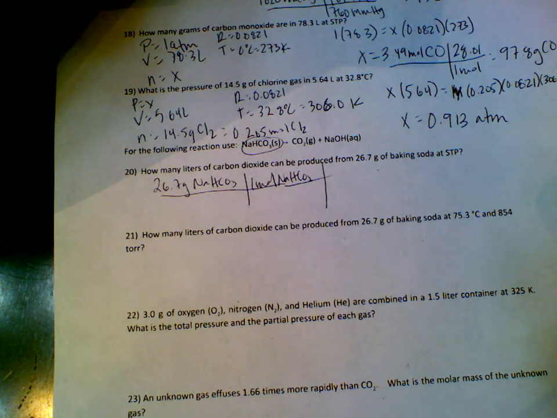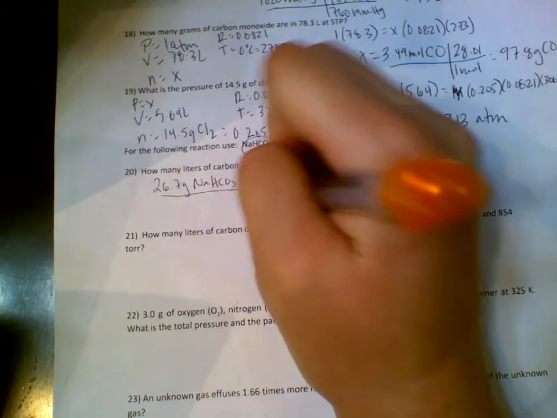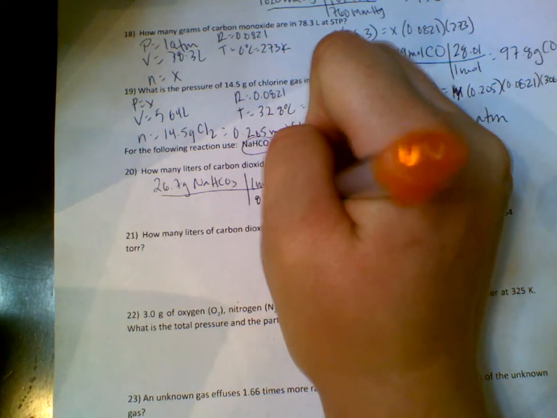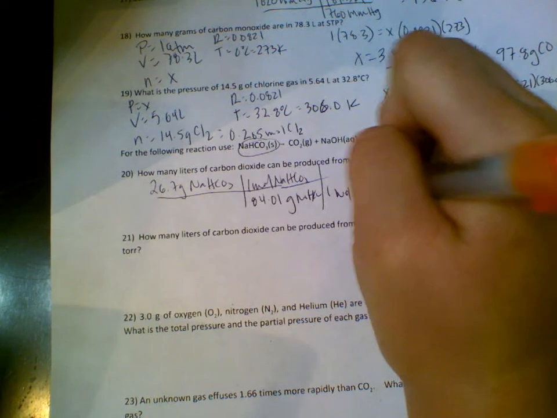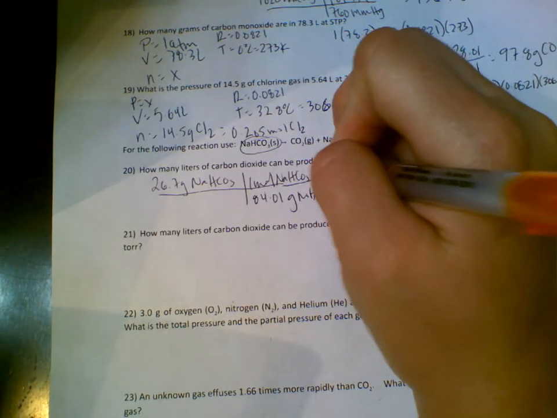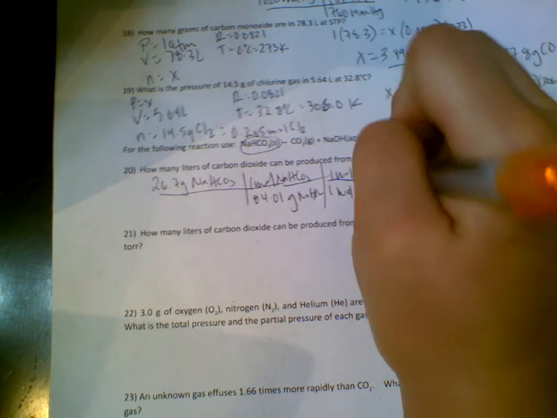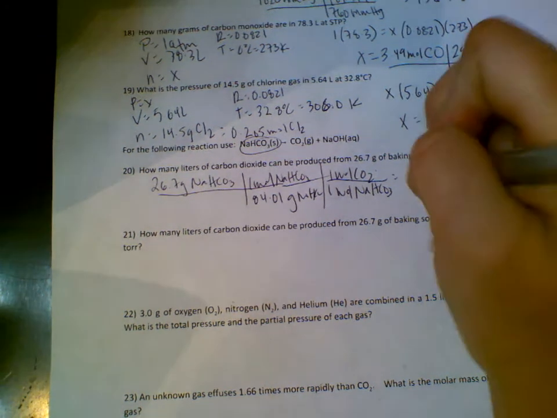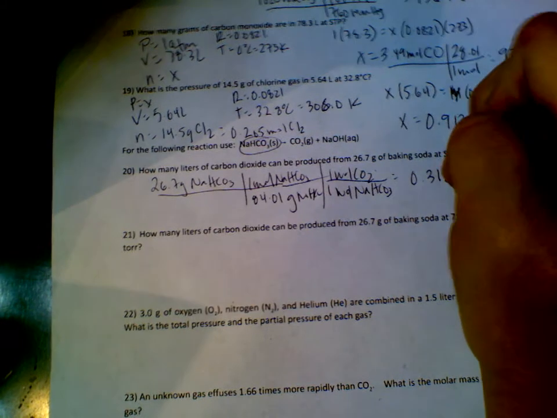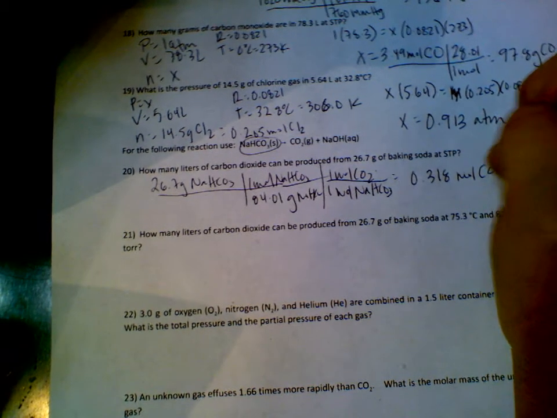Honestly, I'm not because I have them memorized, but that's how you would do it. And I get the molar mass as 84.01. And then it's a 1-to-1 mole ratio to get from sodium bicarbonate to CO2. So this is how I'm going to get my moles, or the n for the formula. And I get out 0.318 moles of CO2 gas.